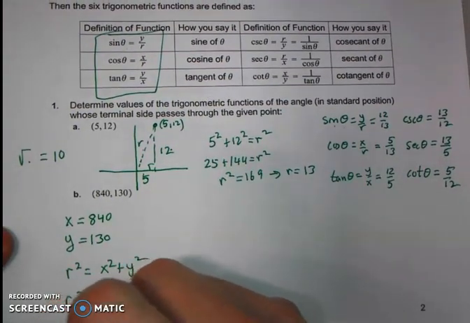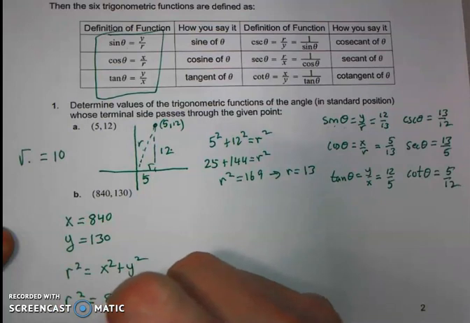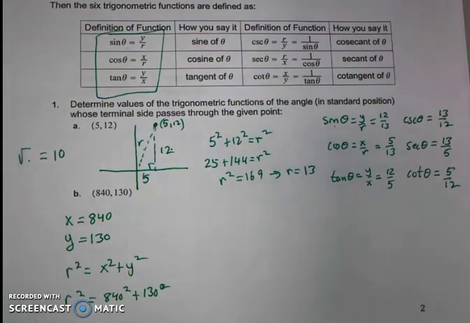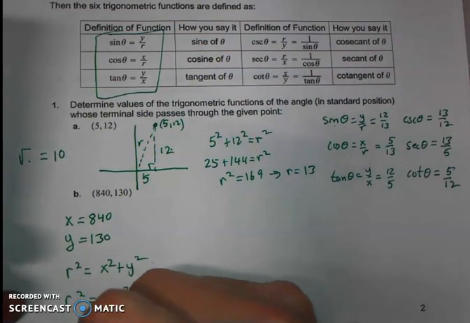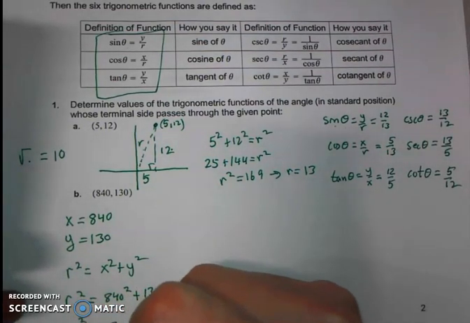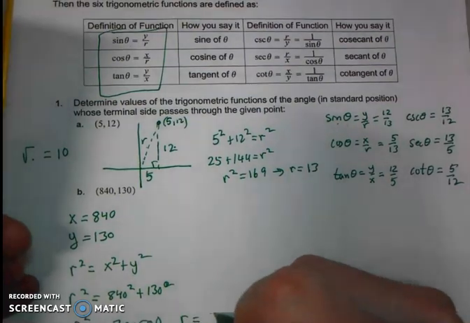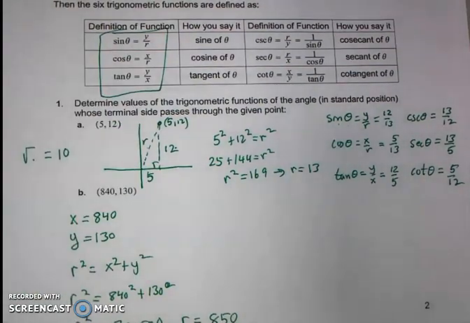So r squared is 840 squared plus 130 squared. Grabbing my calculator, 840 squared plus 130 squared, r squared is 722,500. And it does once again turn out to be a relatively nice number.